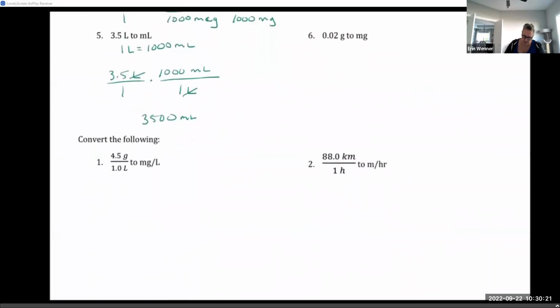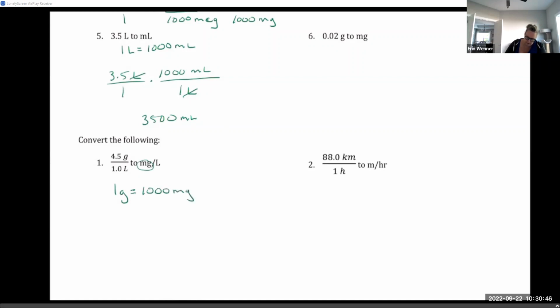So let's look at these division calculations. So number 1 says 4.5 grams over 1.0 liters, and we want to convert that to milligrams per liter. So we don't need to worry about dealing with the liters. We only need to worry about dealing with the milligrams. So we know that 1 gram equals 1,000 milligrams.